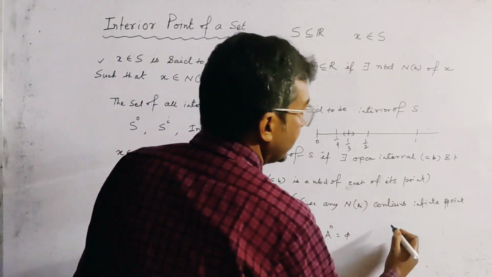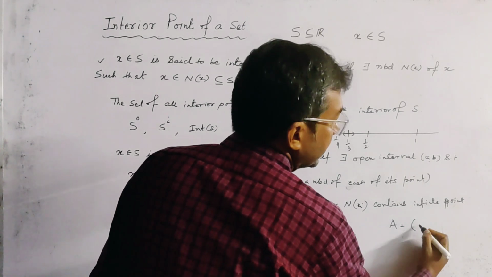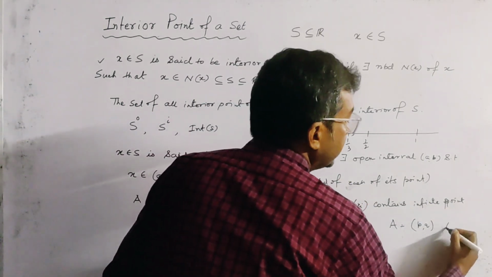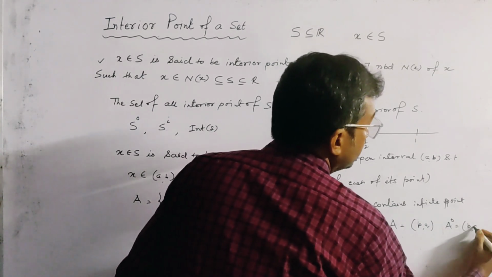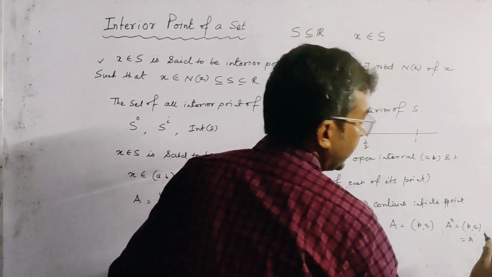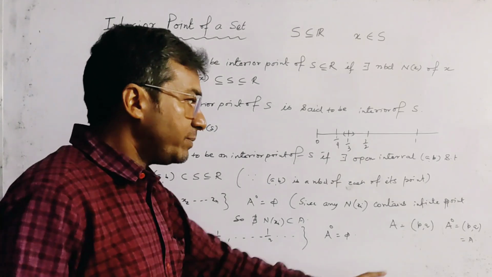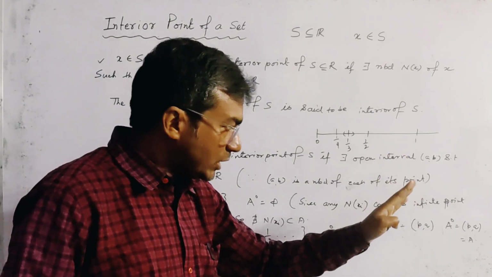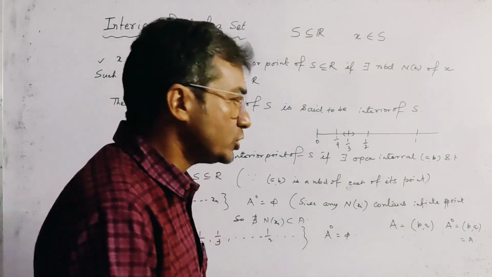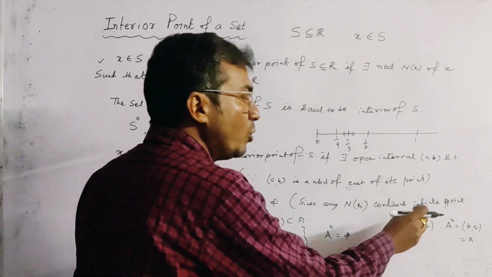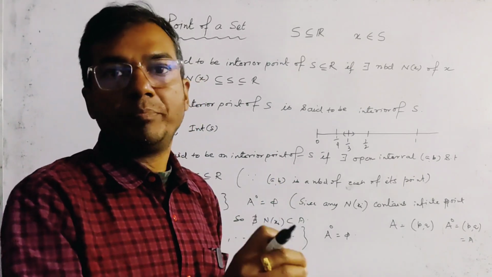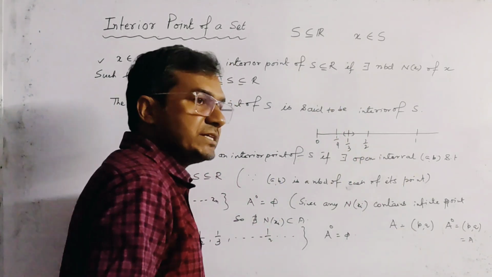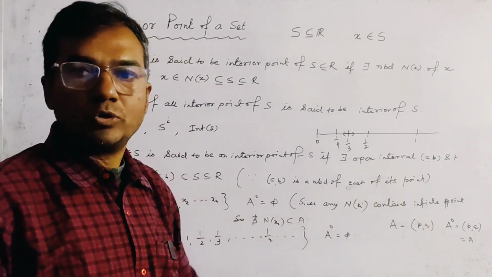If we consider A as an open interval, let this be (p, q), clearly the interior of A is also (p, q). That is, A interior equals A, because every point of an open interval is an interior point, since an open interval is a neighborhood of each of its points.